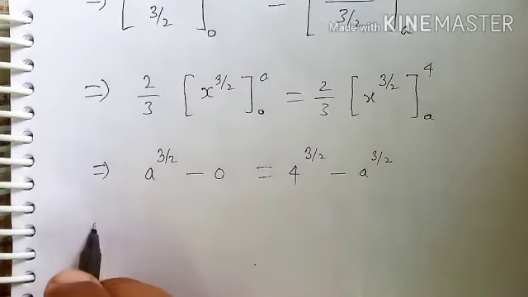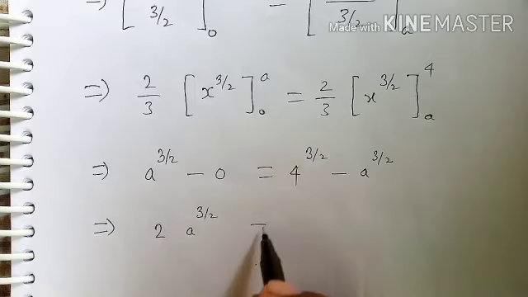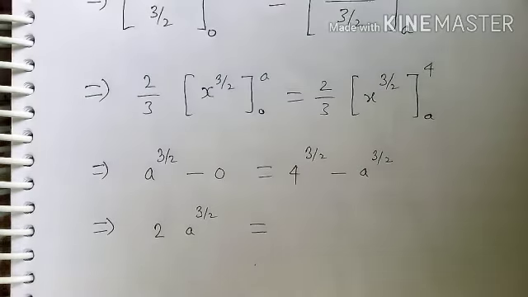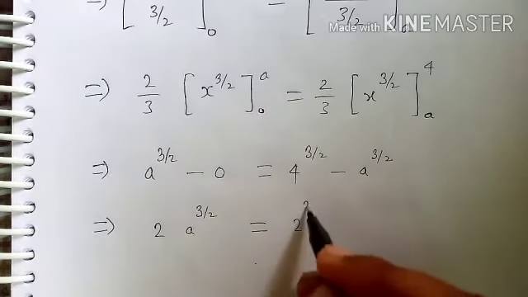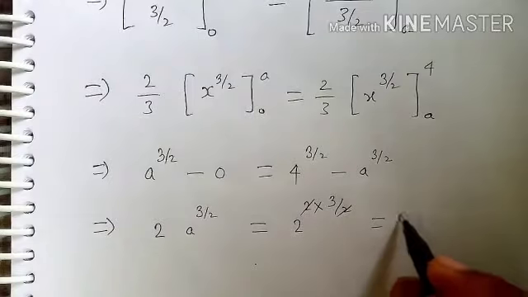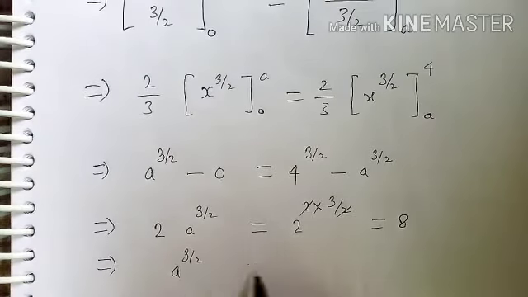A is transferred to this side, so we have 2 into a to the power 3 by 2, and here we have 4 to the power 3 by 2. 4 is 2 square, so 2 into 3 by 2, then 2 is cancelled, so we have 8. From here we have a to the power 3 by 2 is equal to 8 by 2 is 4.